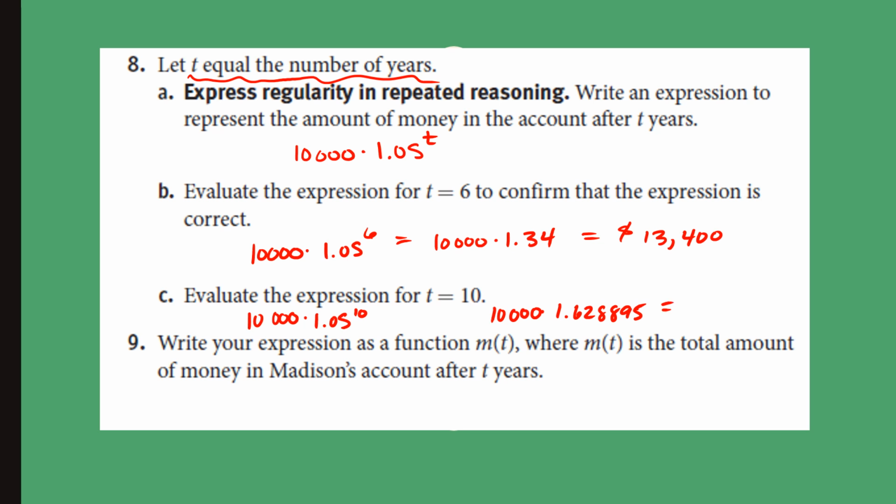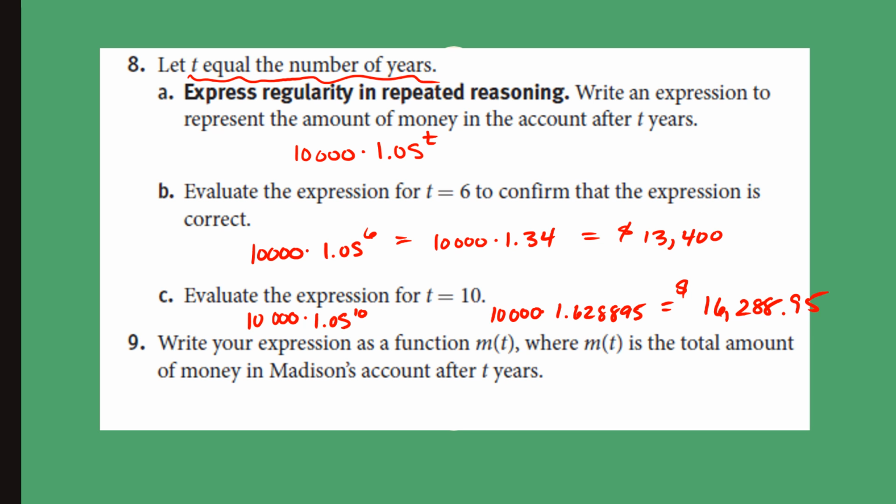So if you leave the whole thing on your screen and don't round it at all, multiply it by 10,000, we're going to be off by a little bit. That's okay, because we're going to be approximate here as soon as we start rounding. So if I do it the way I rounded it, I'm going to get 16,288.95. Pretty darn close to what we had on our table.